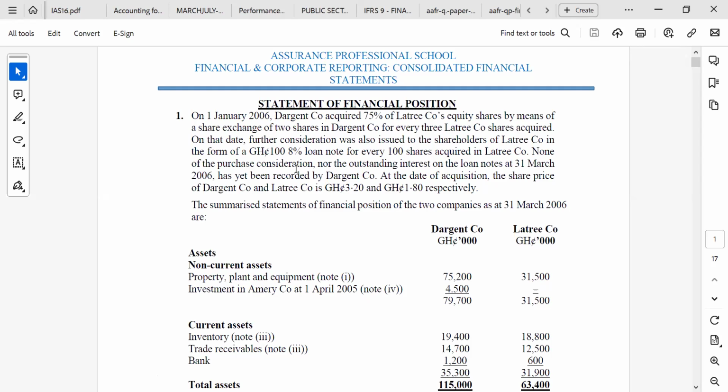Okay. Further consideration was also issued to the shareholders of Latri Co in the form of a 100 cedi 8% loan note for every 100 shares acquired in Latri Co. So the share exchange is not enough. We have to give them loan notes now.